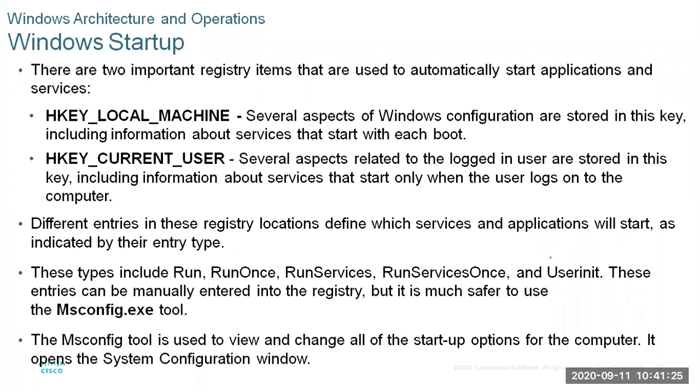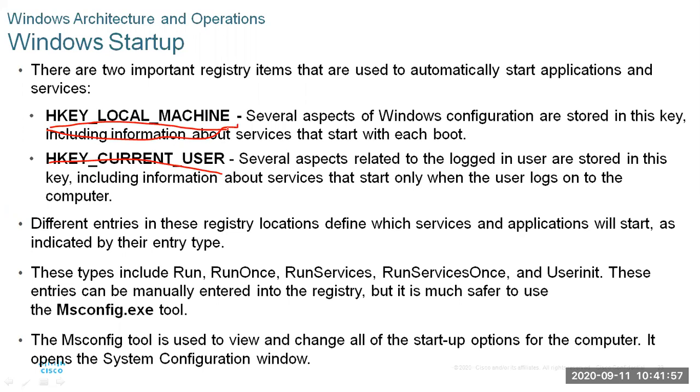Now, there are two important registry items that are used to automatically start applications and services. We have HKEY_LOCAL_MACHINE and HKEY_CURRENT_USER. The registry is like where information is kept: addresses, information about documents that you have saved, or you installed or uninstalled.